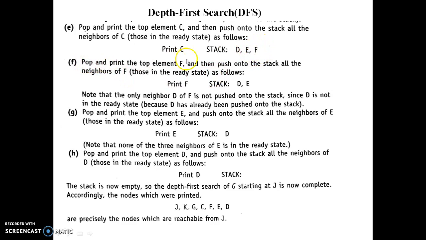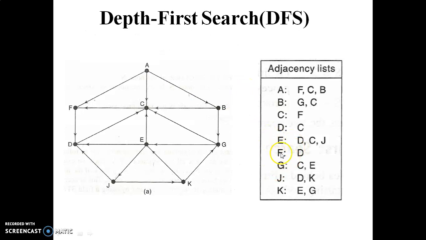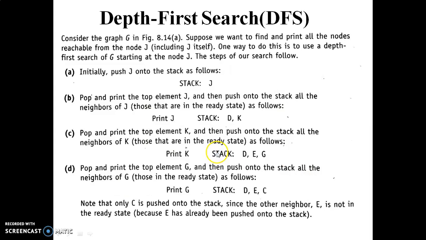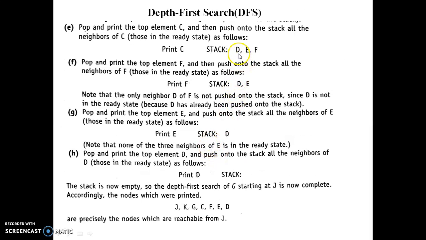The next element popped from the stack will be F, that is, pop and print the top element F, and then push all the neighbors of F that are in the ready state. So in the next step, F will be printed, and nothing will be pushed on the stack, because the neighbor of F is D, and we have already considered D in the previous step.